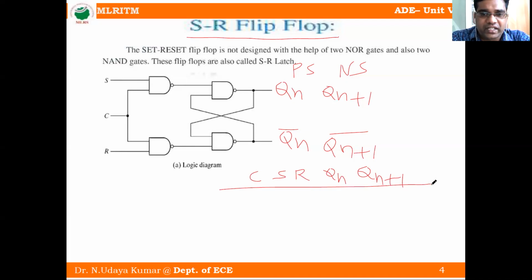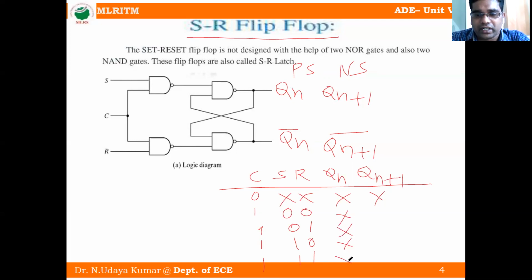If the clock is 0, we get nothing, so we always maintain the clock at 1. The combinations are 0 0, 0 1, 1 0 and 1 1. We don't know the present state here, so we put don't care for the present state in all four rows.